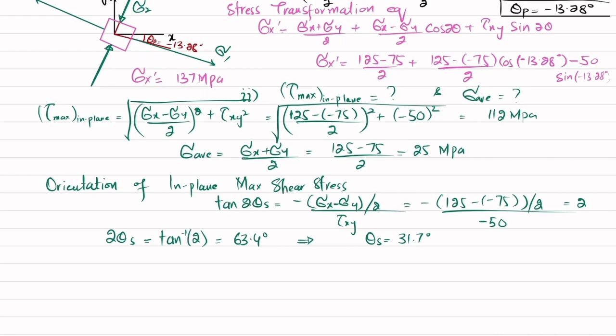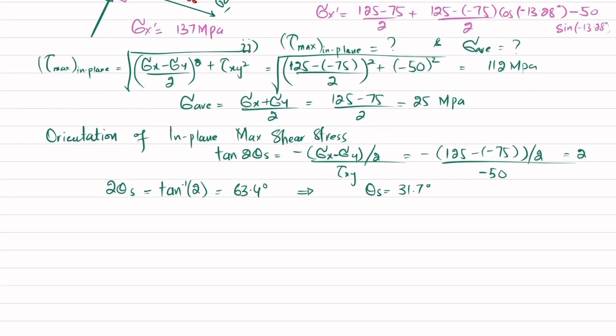Okay, now we will represent them, specify it on elements. So this is your x, this was your y. Clear? Now the angle is positive, so it means counterclockwise, so this will be 31.7, which is equal to theta s, and your y dash will be like this. And if you specify the element, it will be like this. Clear?